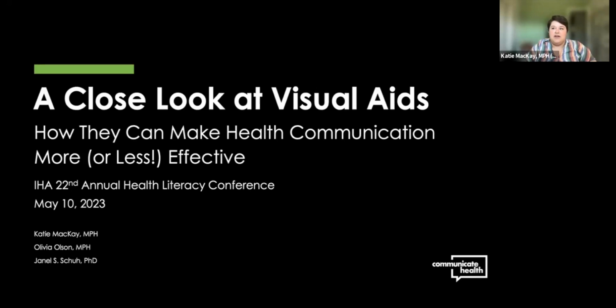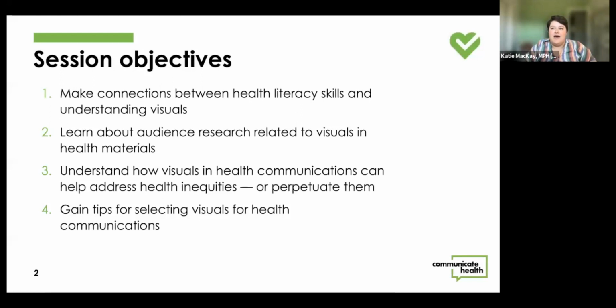So today we'll be talking about visual aids, specifically to meet 4 objectives. You can go to the next slide, Janelle. We're going to talk about why visuals matter for health literacy, share insights from audience research, reflect on how visuals matter for health equity, and share tips for what to do when considering visuals used in health communications.